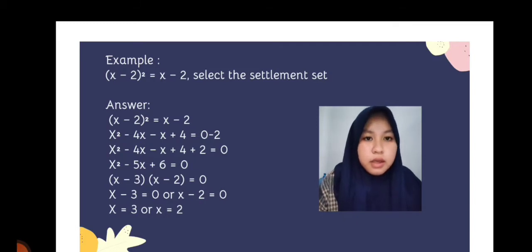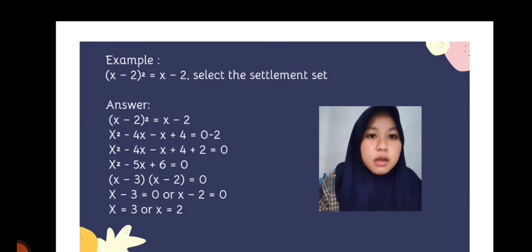Then x squared minus 4x minus x plus 4 equals x minus 2. x squared minus 5x plus 4 plus 2 equals 0.